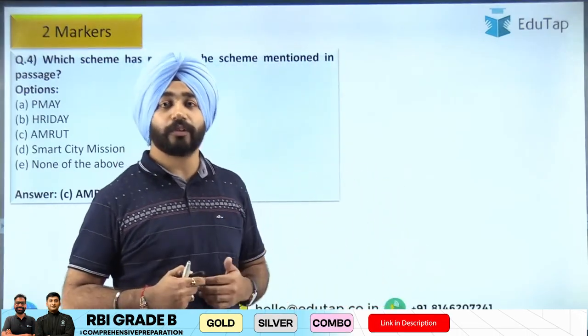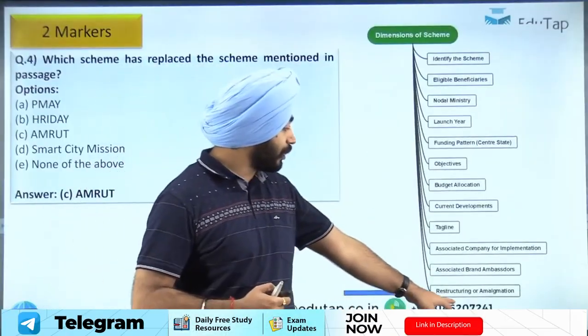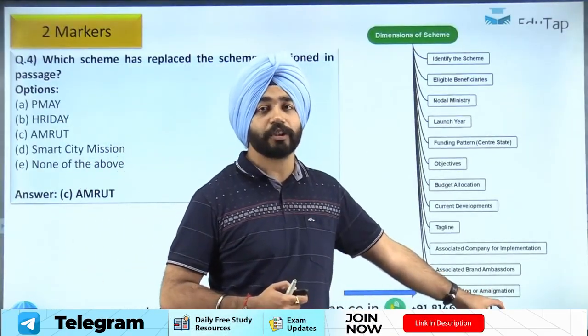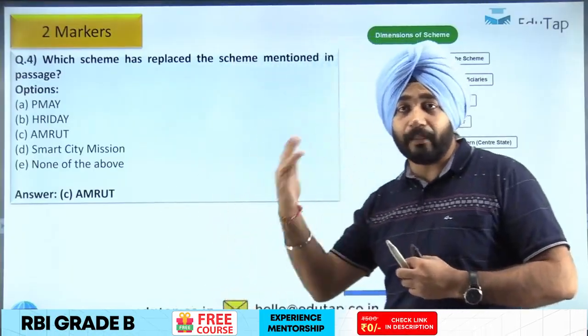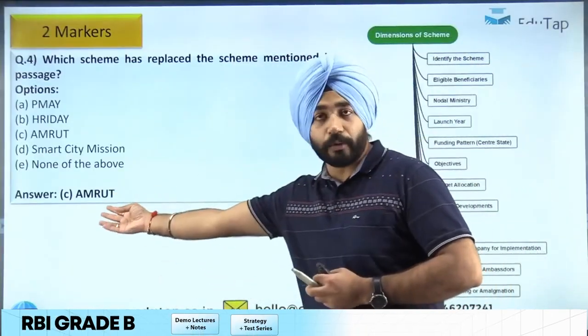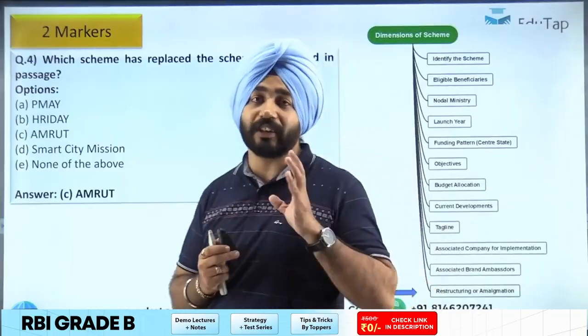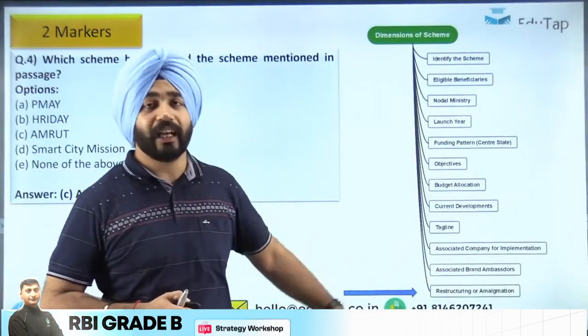So this specific question could be related to restructuring or amalgamation of the scheme. ठीक है, because जनूरम स्कीम जो थी वो अमेलगमेट हुई थी, रिस्ट्रक्चर हुई थी, तब वो बनी थी अमृत स्कीम. So that is why from this specific thing of a scheme the question has been asked.